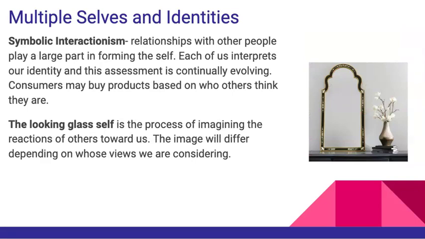There are also some things to think about with multiple selves, which is symbolic interactionism, and that's that relationships with other people play a large role in forming ourselves. Each of us interprets our identity, and this is an assessment that is continually evolving. Consumers may buy products based on who others think they are. So maybe all of your friends think you're the smartest person in your group, and maybe you are, which is awesome.